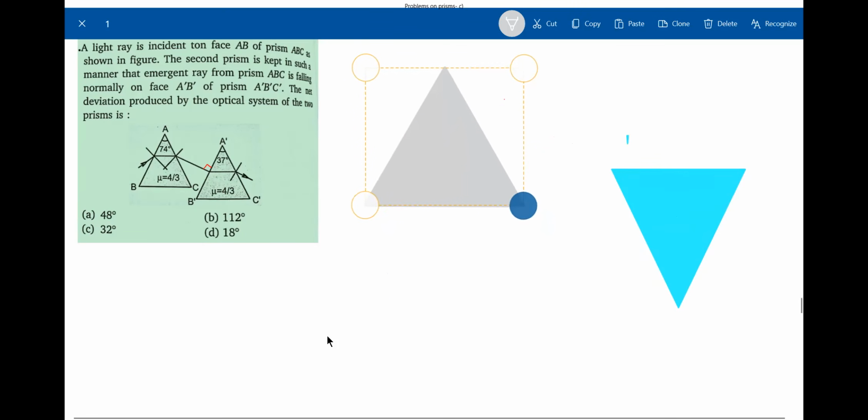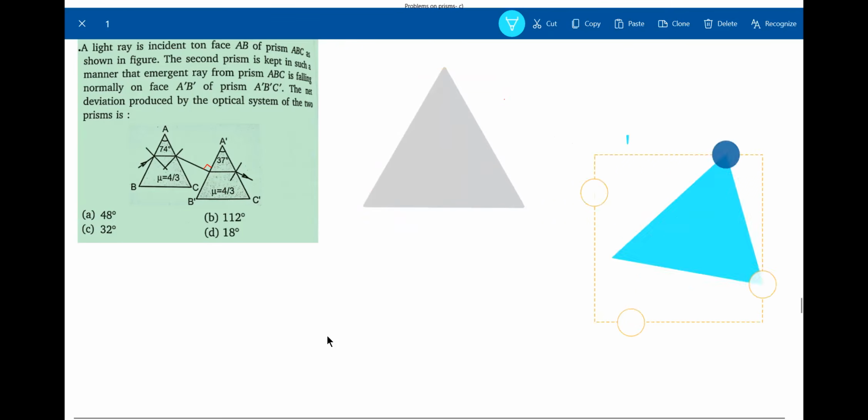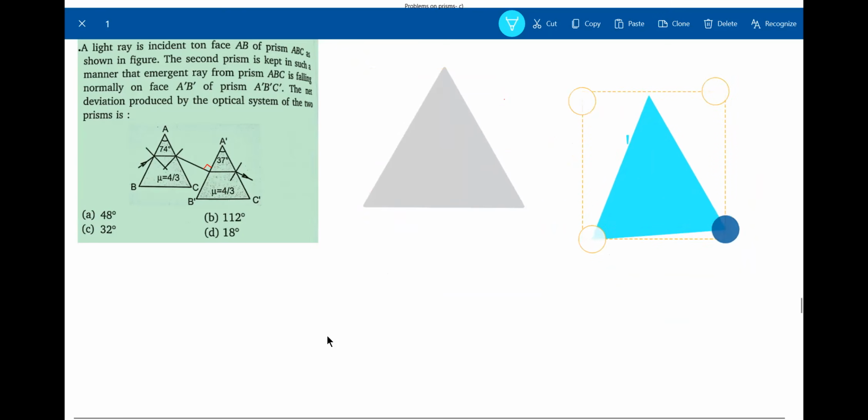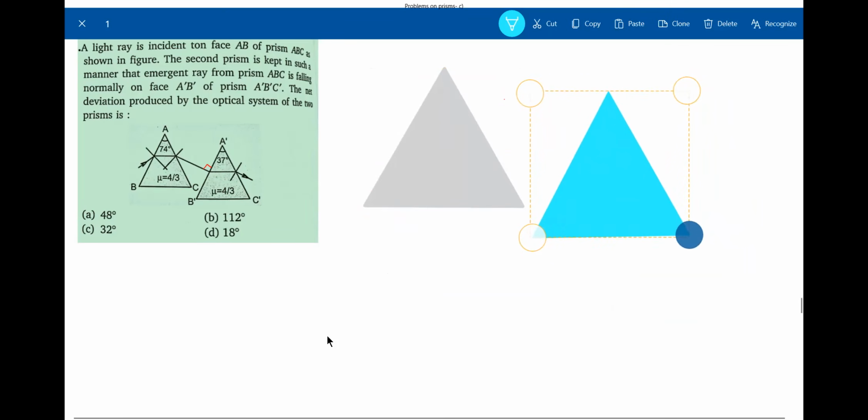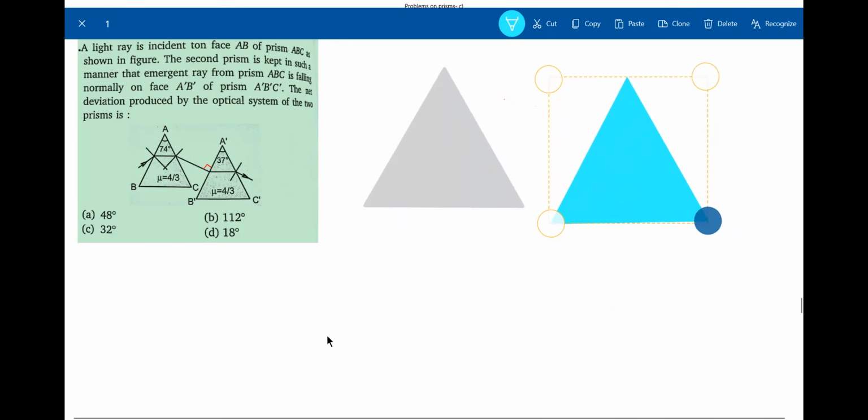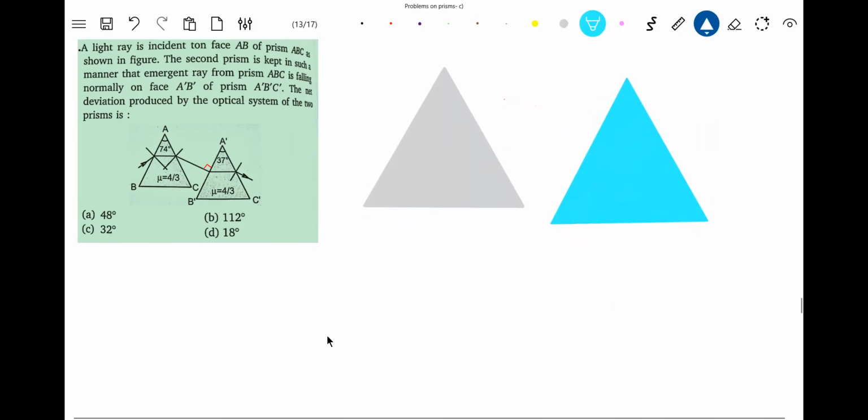There's one prism, there's another prism. So there's a ray.